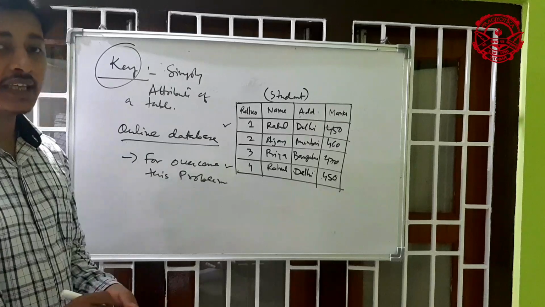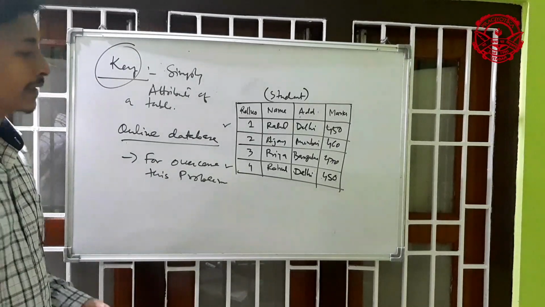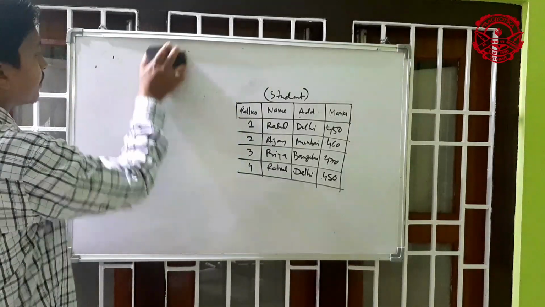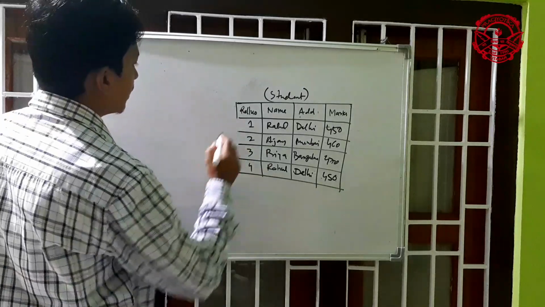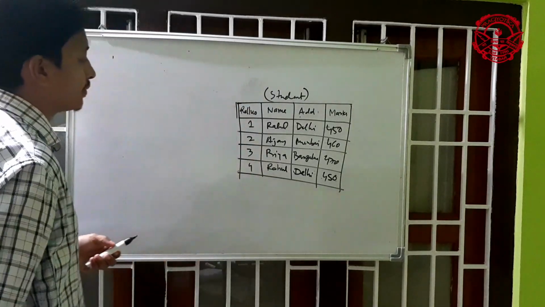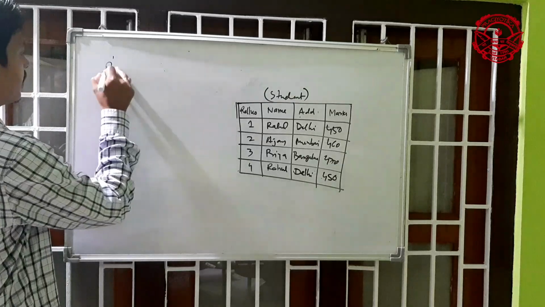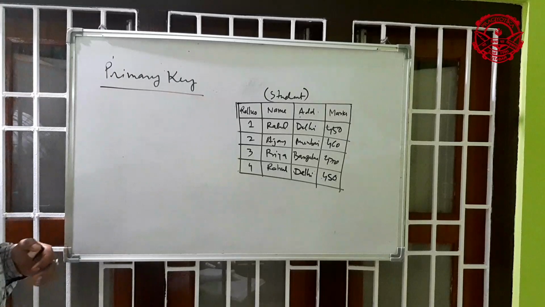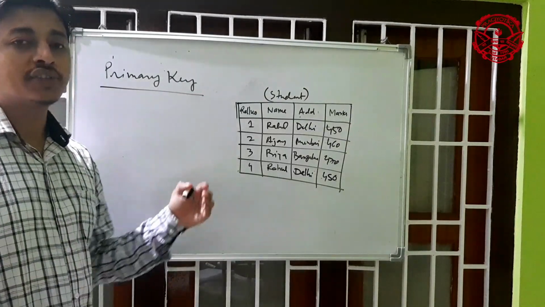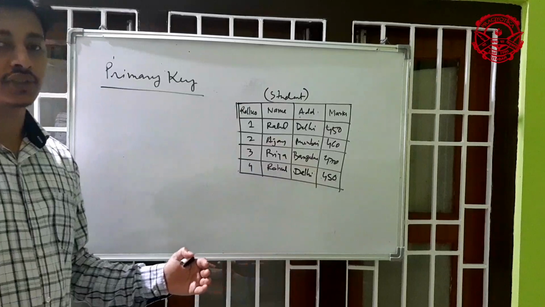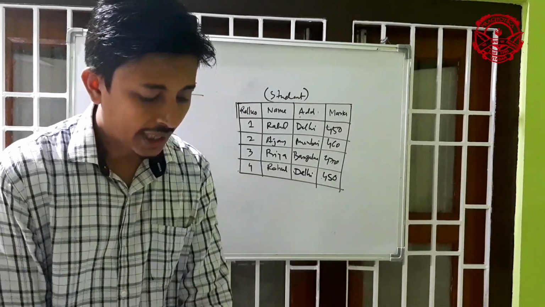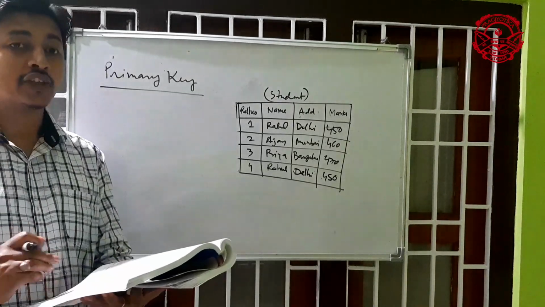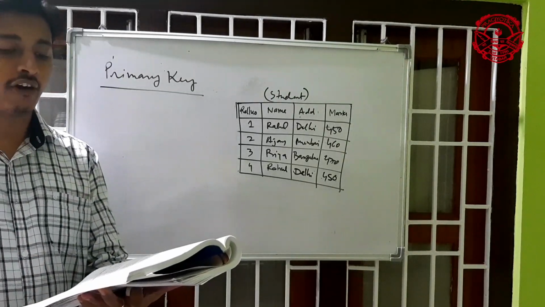So now the first key I will discuss is the primary key. So let's start with the primary key. Primary key is a unique key which uniquely identifies a record. In the book you can see that a primary key is a group of one or more columns used to uniquely identify each record of a table.